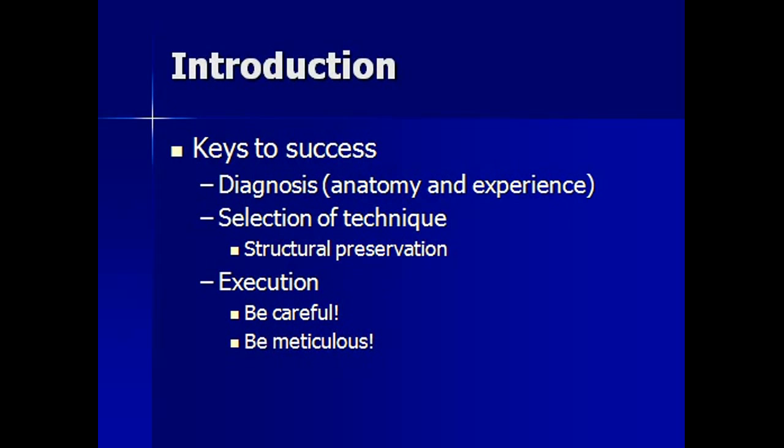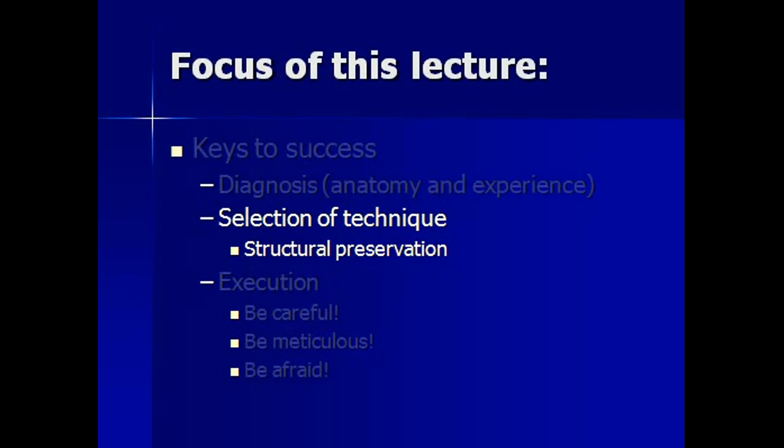So what are the keys to success? Well, like in any operation, the most important thing is diagnosis, understanding what the anatomy is, understanding what anatomical abnormalities are creating the visible change, and then having the experience to know what to do about it. Based on the diagnosis, we can choose the right techniques, and then we have to be very meticulous and very careful when we execute.